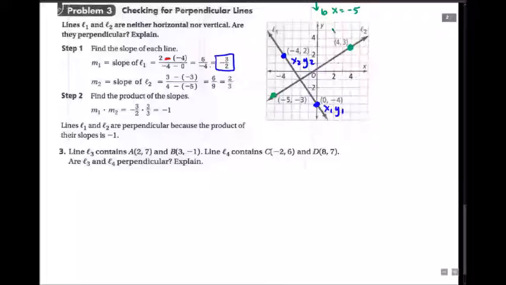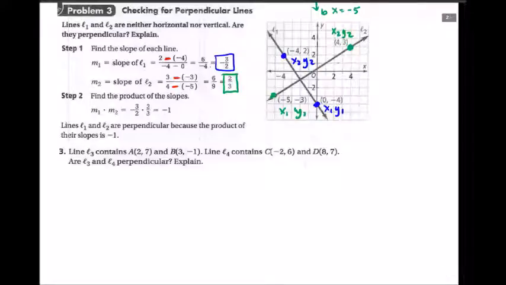So this is x2, y2, x1, y1. We do 3 minus a negative 3, and 4 minus a negative 5. And we end up with 6 over 9, 3 plus 3, because minus minus is plus, and we get a slope of positive 2 over 3.